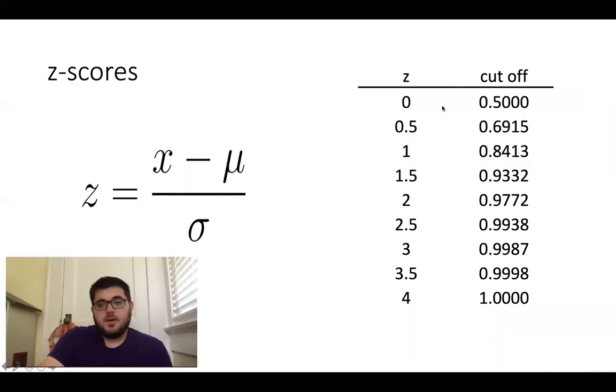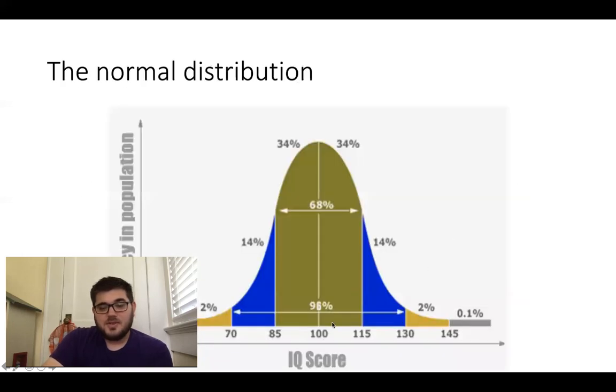Each z-score cuts off a bottom portion of the curve. A z-score of 3 cuts off the bottom 99.87% of the normal curve. So that's 1, 2, 3. A z-score of 3 is up here and cuts off virtually the whole rest of the distribution.